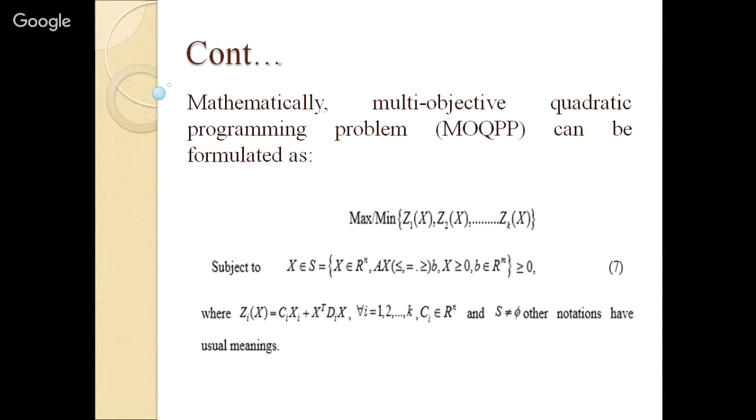So that is the quadratic form. The quadratic form in matrix format we will write as x transpose D x. You can write it in matrix format also.